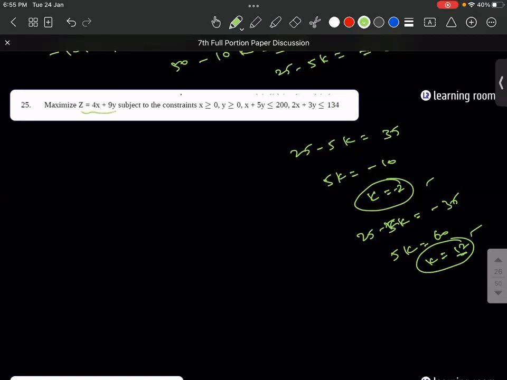Maximize z is equal to 4x plus 9y subject to the constraints: x is greater than or equal to 0, y is greater than or equal to 0, x plus 5y is less than or equal to 200, 2x plus 3y is less than or equal to 134. So how to solve this?